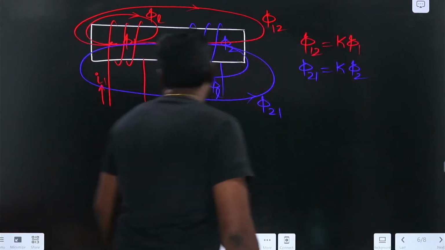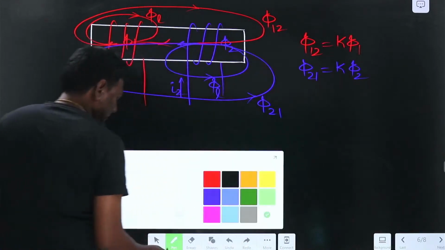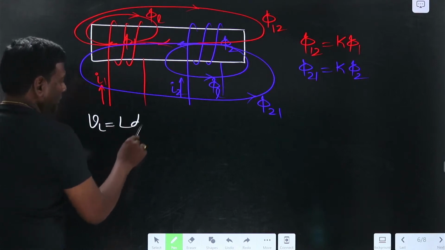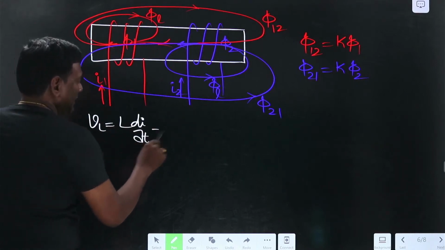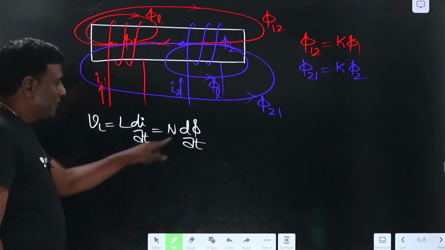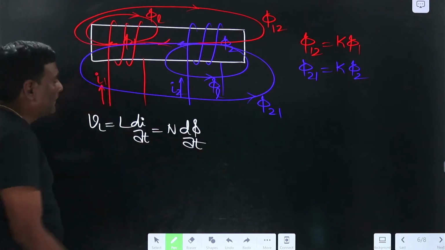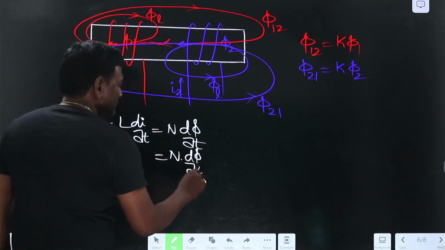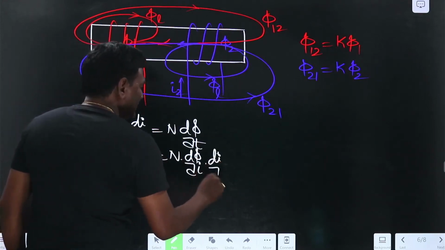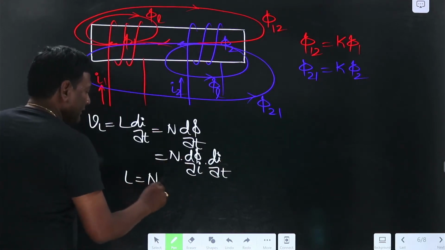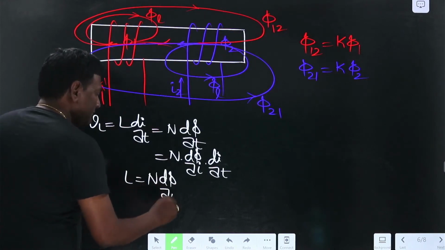Now let us think of inductance. What is inductance? Self-induced voltage equals L into di by dt, or equals N into d phi by dt, the Faraday one. Or we can write N into d phi by di into di by dt, and L is nothing but N into d phi by di.